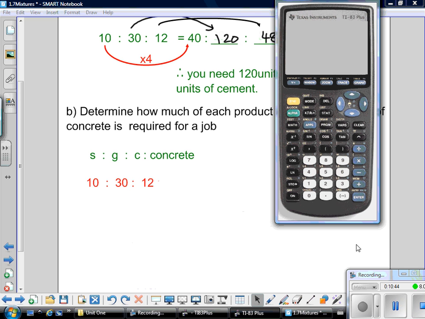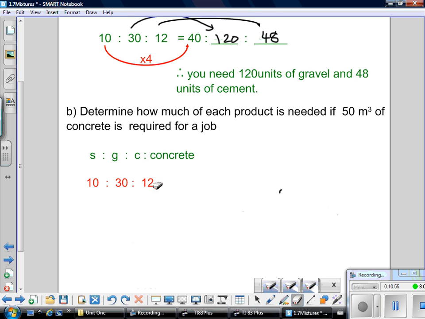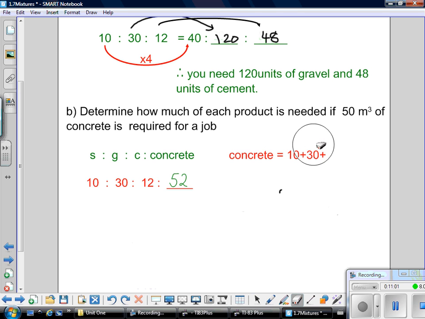And if you didn't do that in your head, 10 plus 30 is 40, plus 12, and so we end up with 52. So that equals 52, and the reason it does is that concrete equals 10 plus 30 plus 12.